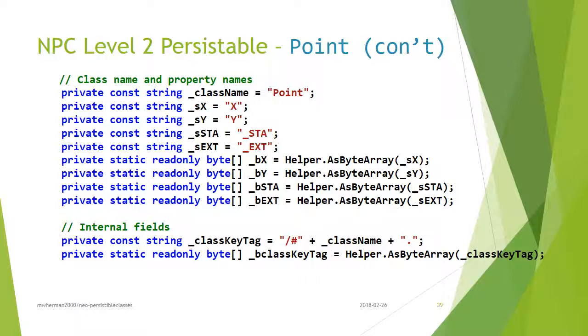So we need a naming convention for how we put those out into storage. And so there's a way of concatenating the key that's passed in with the class name point and with the field name, in this case X and Y. So these definitions would be different for different classes.